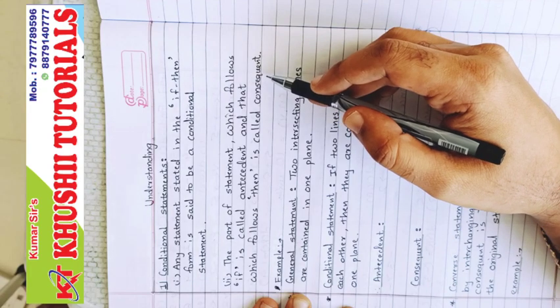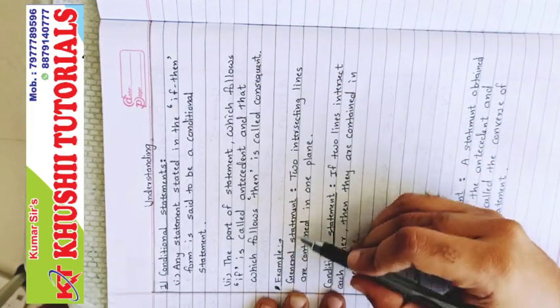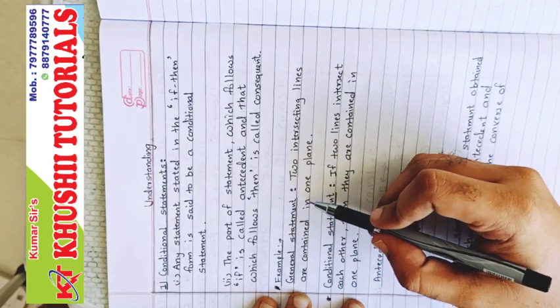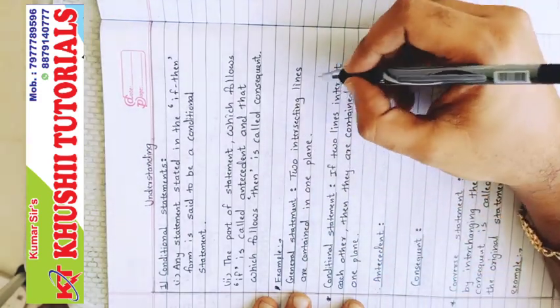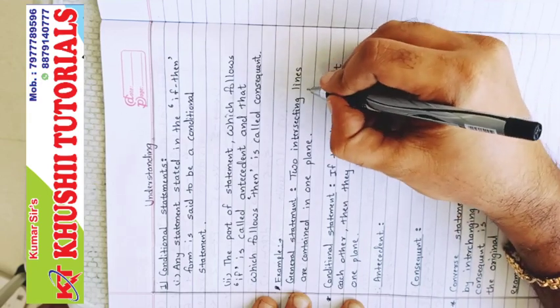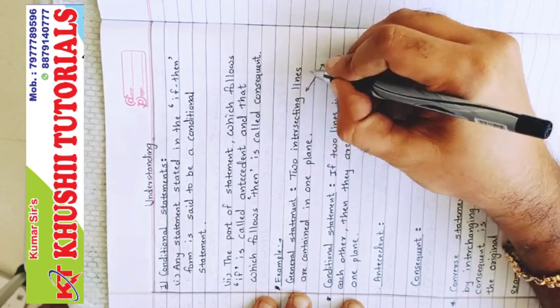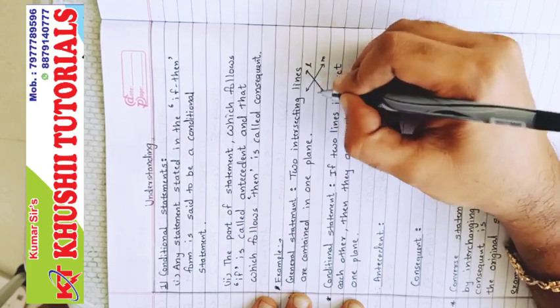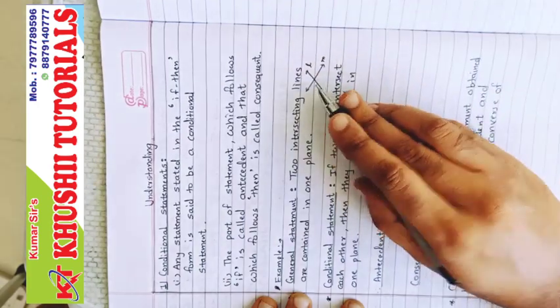Example: the general statement is, two intersecting lines are contained in one plane. Let me draw and explain. Line L and line M are intersecting because they intersect at this point.